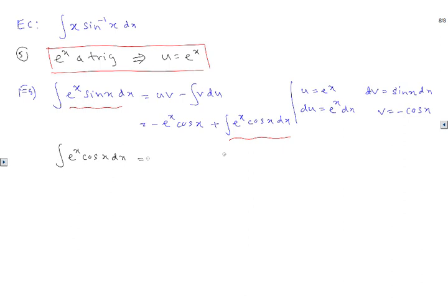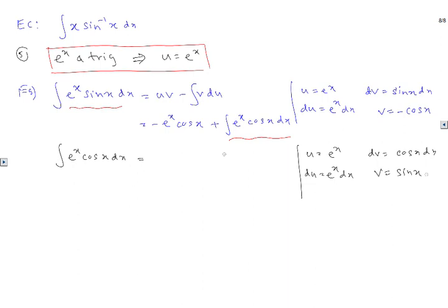So again, now what can we do? u equal e^x again, dv equal now cosine x dx. So if you take the derivative, you get du equal e^x dx, v equal integral of cosine, that means sine x. So let's plug in.